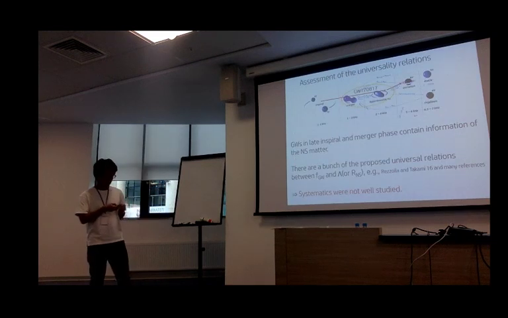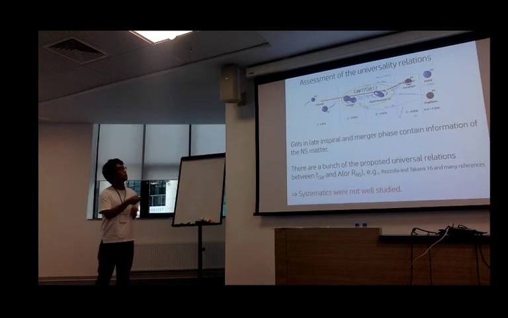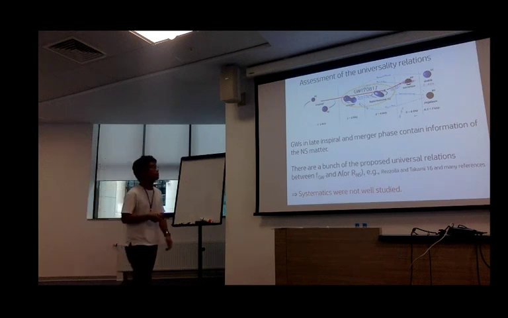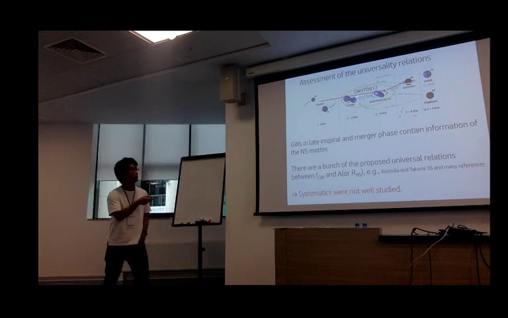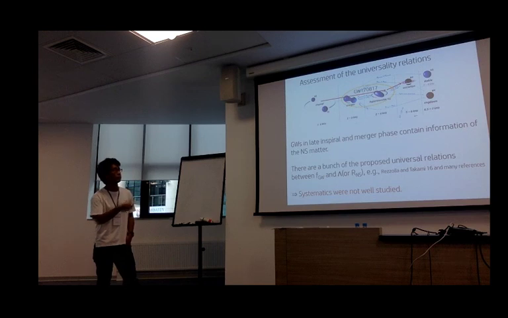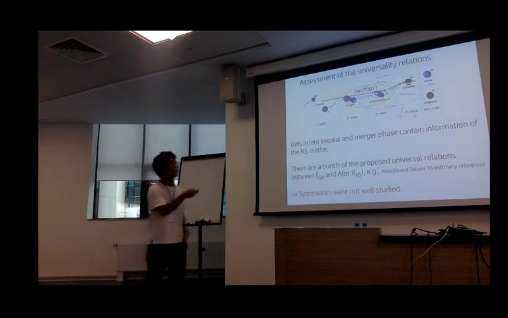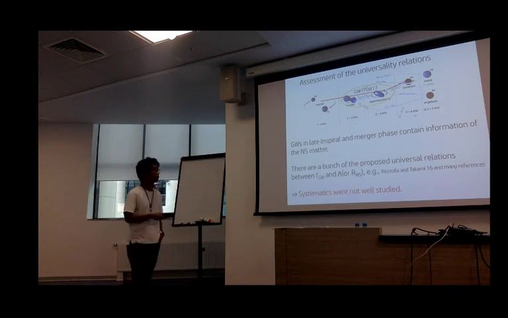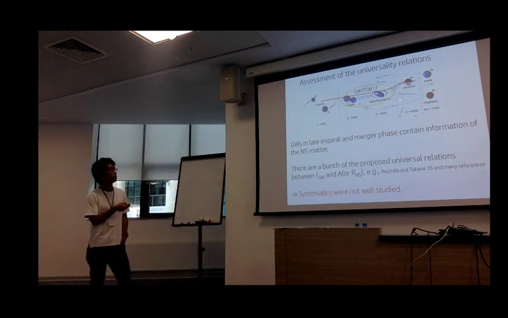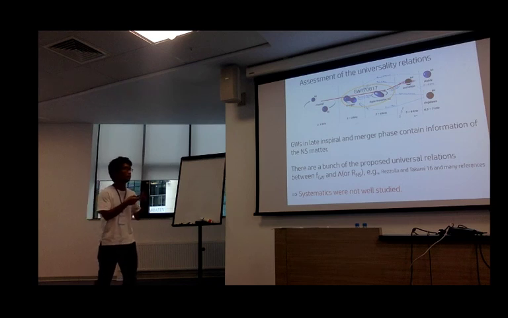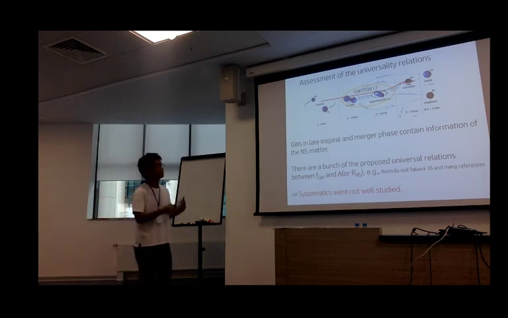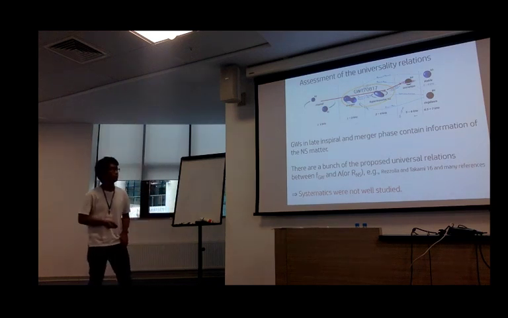Okay, let's move on to another topic. So later on, I'm going to focus on the merger process, in particular the gravitational waves. The gravitational waves in the late inspiral and merger phase contain information about neutron star matter, because the hypermassive neutron star depends on the equation of state you assume. So the post-merger signal is a very good target for the second or third generation of gravitational wave detectors.